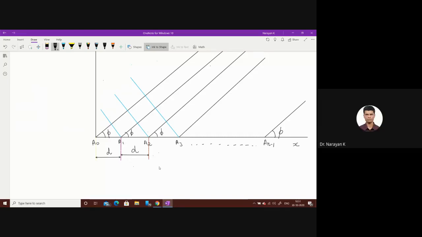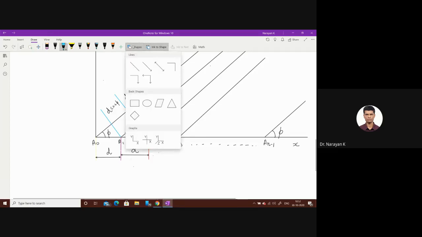This is D. So what will be this distance here? D cos phi. This distance will be D cos phi. Agreed? Yes, sir. This will be D cos phi, and this distance will also be your D cos phi.